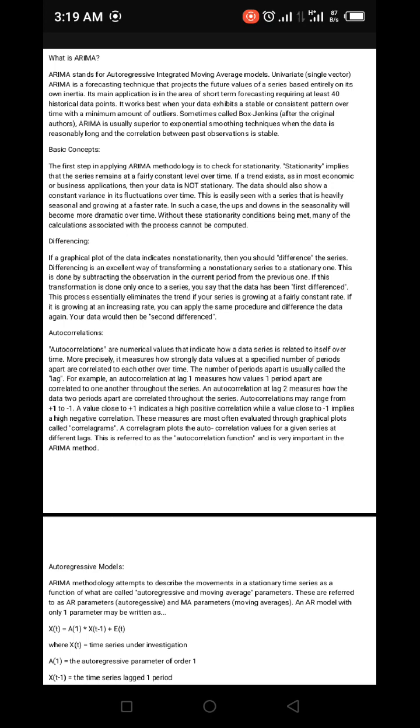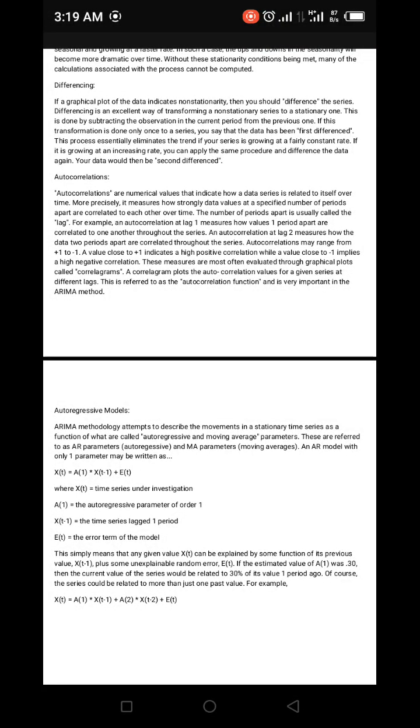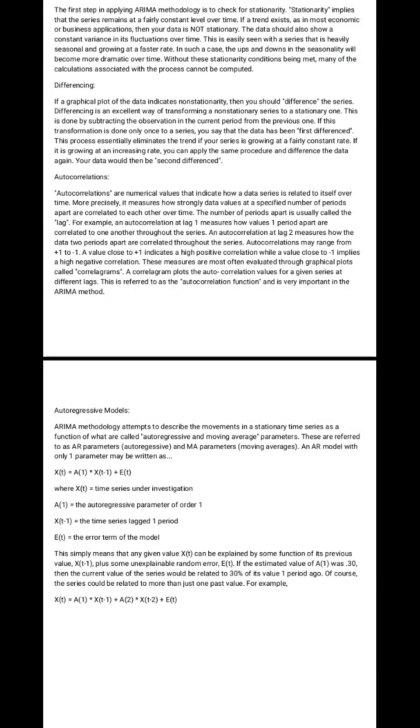Let me go to the next one, which is autoregressive models. These are inside ARIMA. We have the AR and the MA. The AR parameters are autoregressive, and the MA parameters are the moving average.